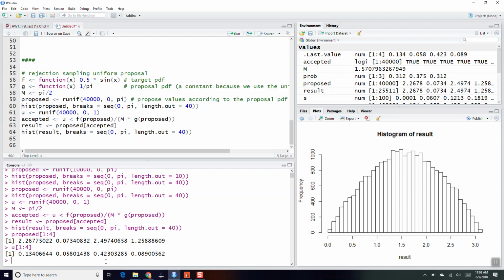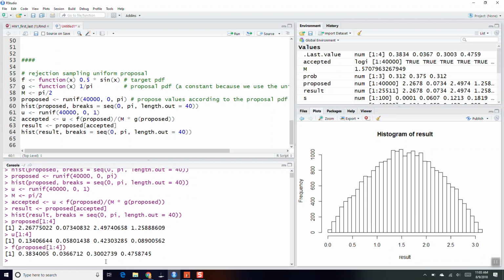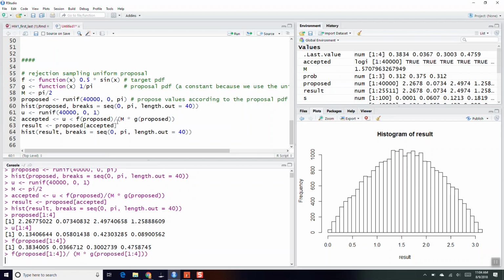And then we ask, okay, well, what is the F of the proposed values? And we say, what is that divided by M times the proposal, what's that divided by our function here?